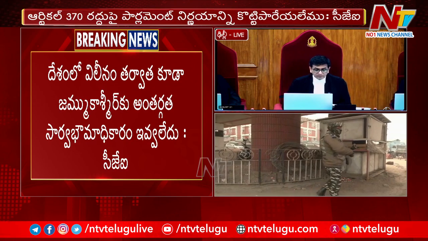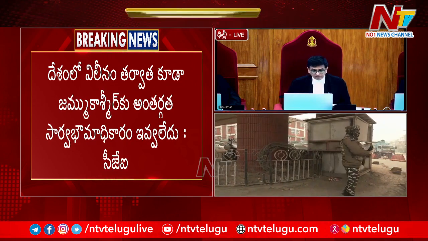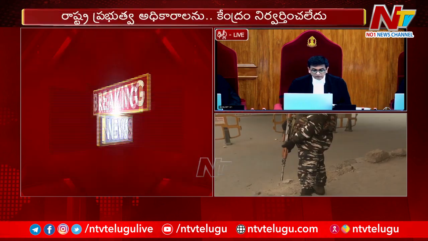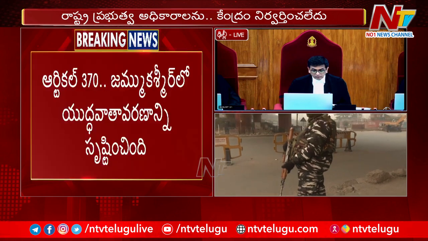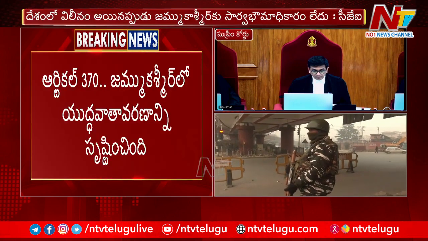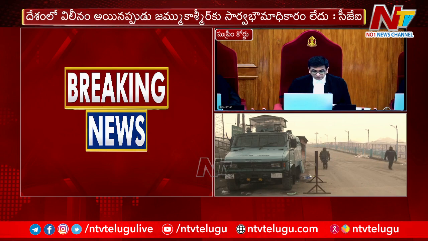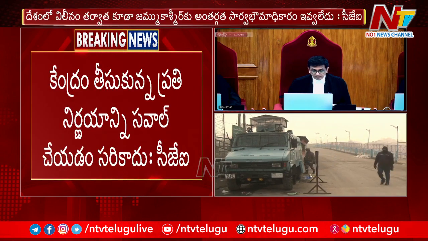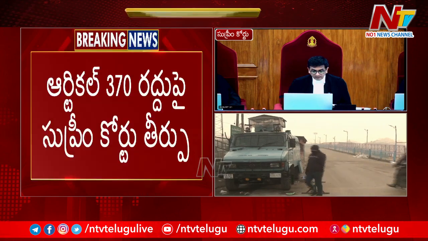The next issue is the challenge to CO 272 on the ground that the power under Article 370 cannot be used to apply all the provisions of the Constitution to the state of Jammu and Kashmir. We have held that all provisions of the Constitution can be applied to Jammu and Kashmir through the exercise of power under Article 370.